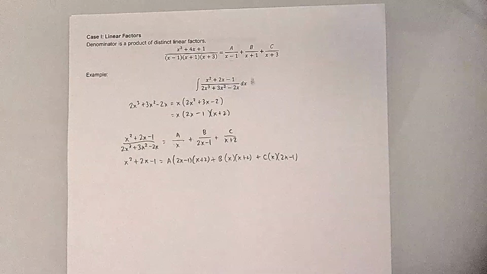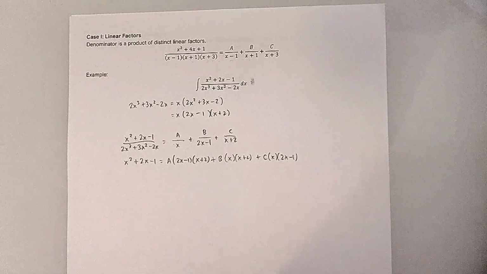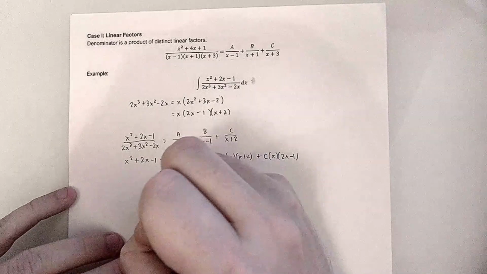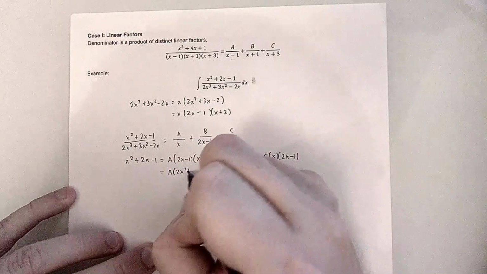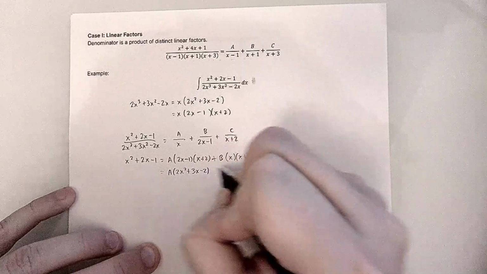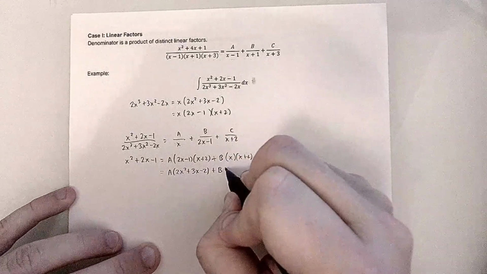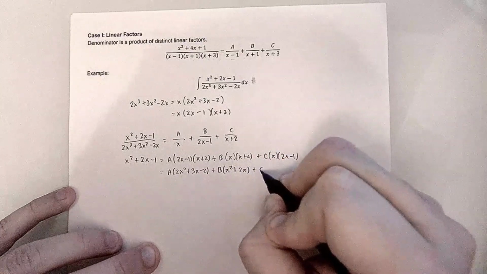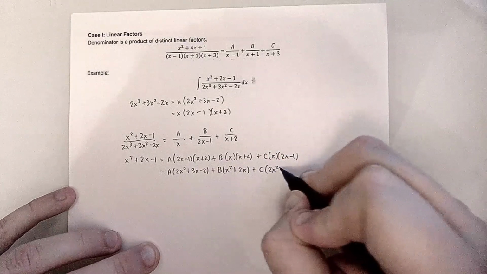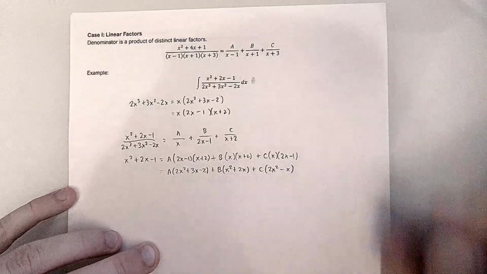So now let's go ahead and multiply this all through. And when we do that, we're going to get A times 2x squared plus 3x minus 2, plus B times x squared plus 2x, plus C times 2x squared minus x.